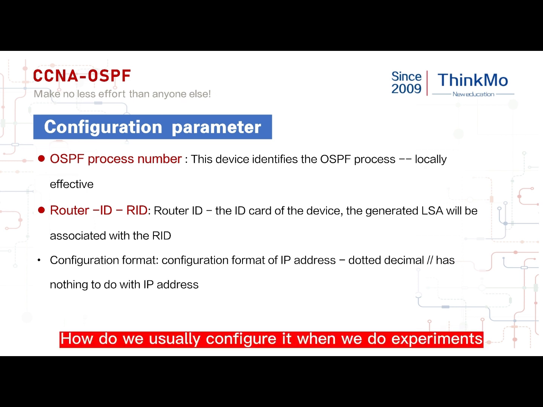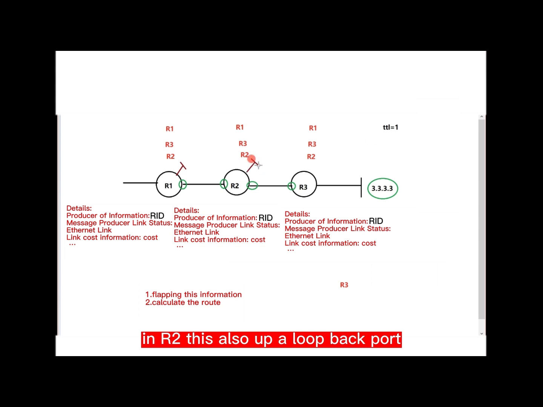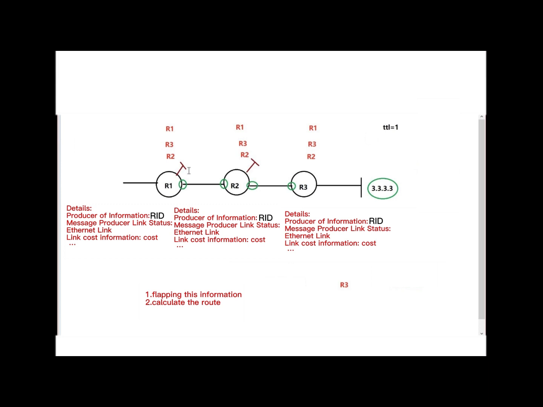How do we usually configure it when we do experiments? Typically, on each device, we bring up a loopback port. Bring up a loopback port on R1, and on R2 also. There is already a loopback port on R3. R3 is 3.3.3.3, R1 is 1.1.1.1, R2 is 2.2.2.2.